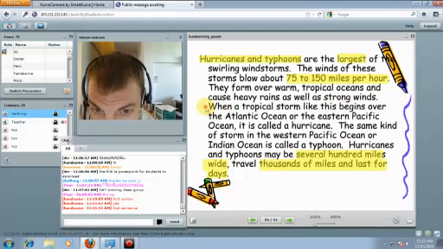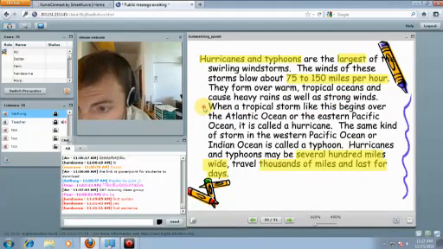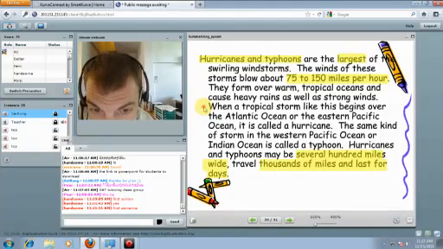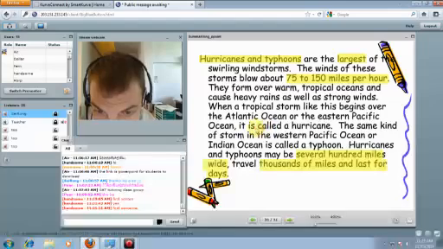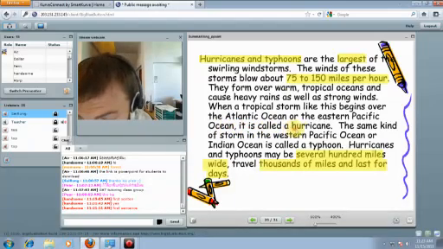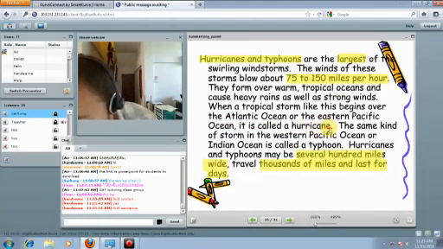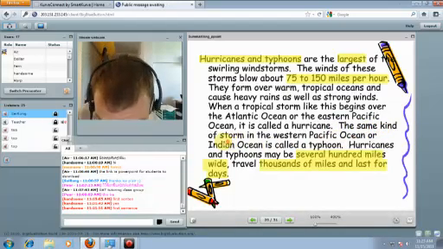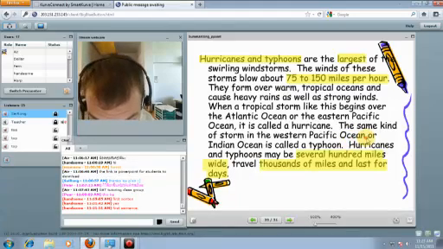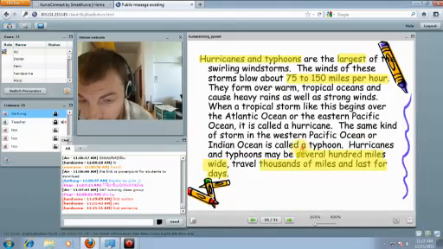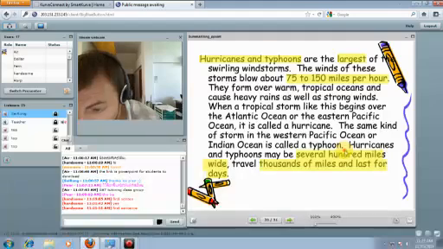Okay, let's keep reading. When a tropical storm like this begins over the Atlantic Ocean or the eastern Pacific Ocean, it is called a hurricane. The same kind of storm in the western Pacific Ocean or Indian Ocean is called a typhoon.